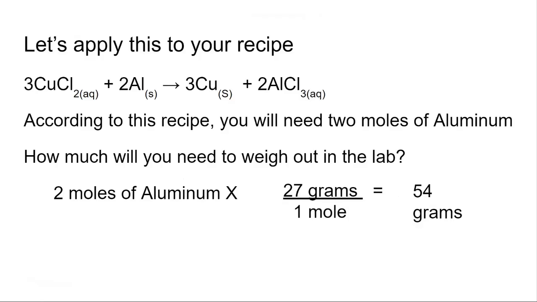Now, at some point, if people are skipping around or they're really not paying attention, they're going to start to ask me, how do I know it's 1 mole? Please go back and review the video because that is a relationship that has been defined as something that occurs in nature.